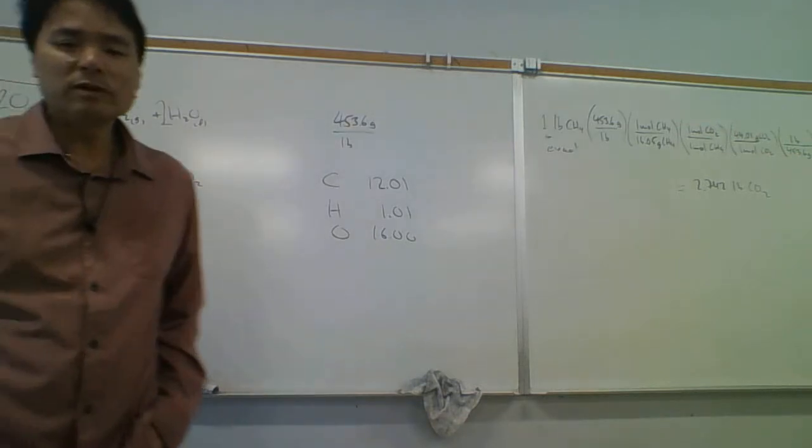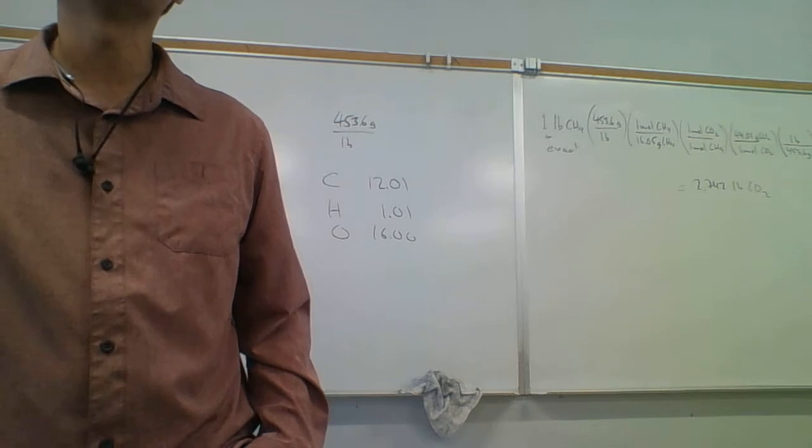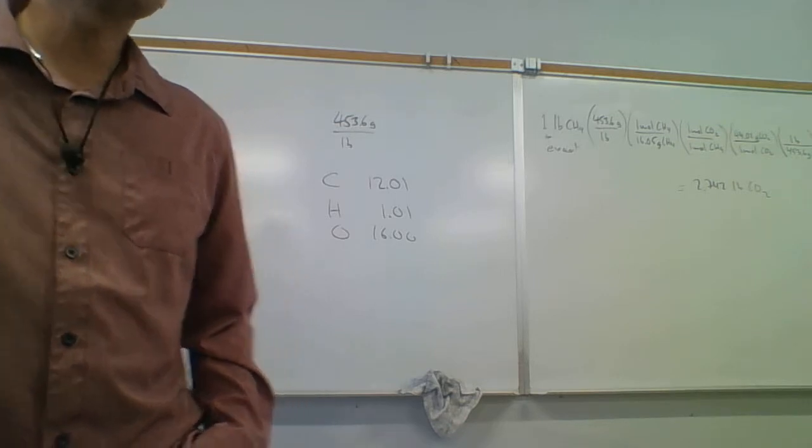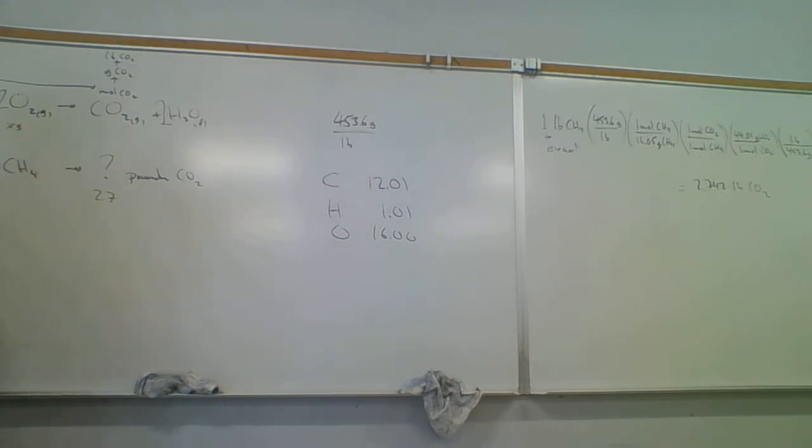When we burn this in air, oxygen is plentiful in air. Since oxygen is plentiful in air, we don't have to worry about the oxygen. There's plenty of oxygen, so we say there's excess oxygen. As long as you adjust the burner correctly and everything, then it should burn completely.